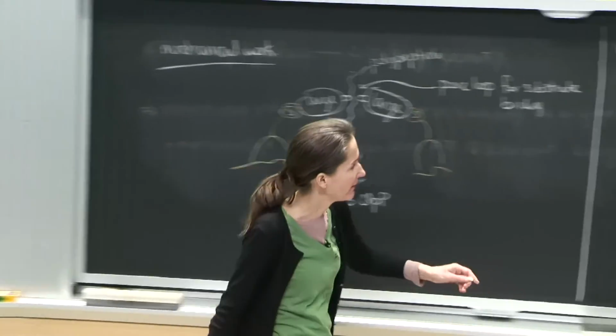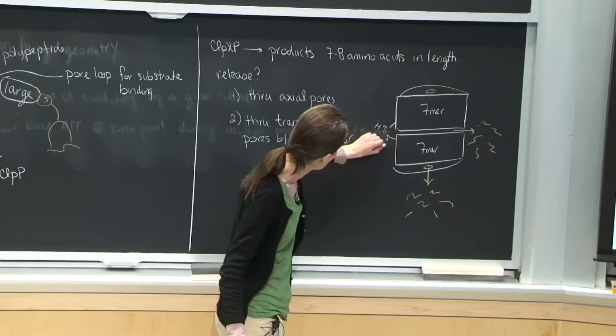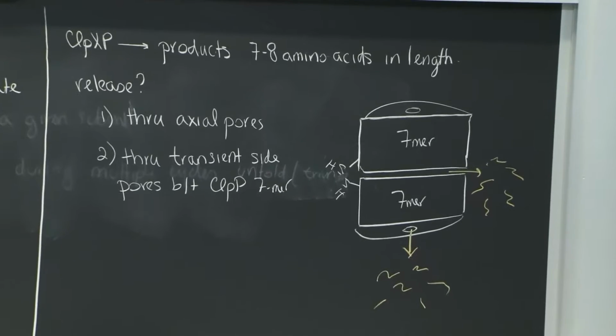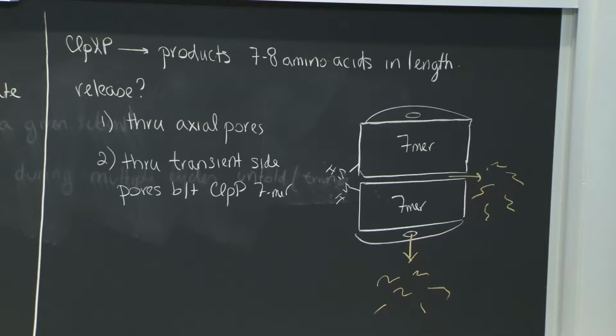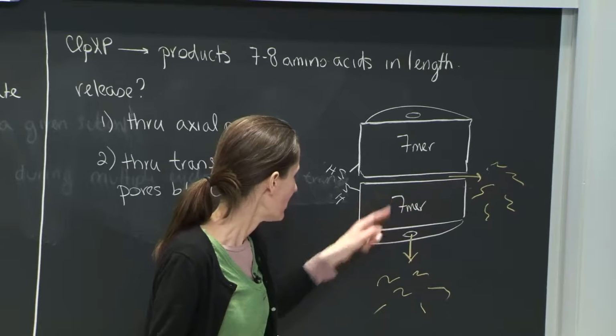And if we reduce this, so they're no longer attached to one another, do those polypeptides stay put or not? Those experiments gave some evidence for release of peptides through this region here.